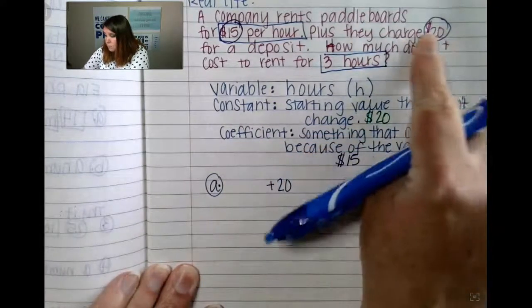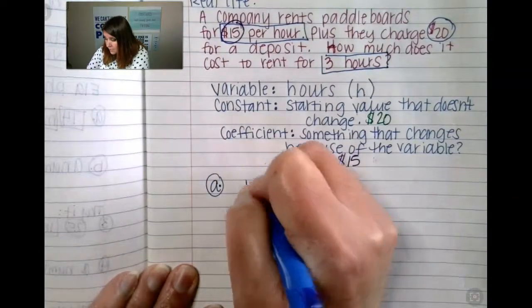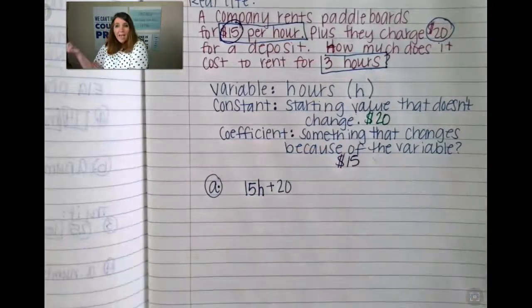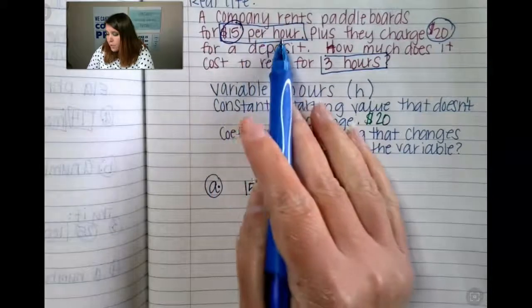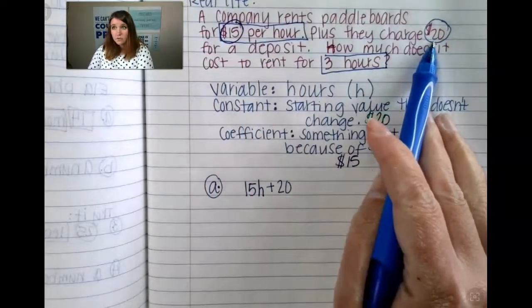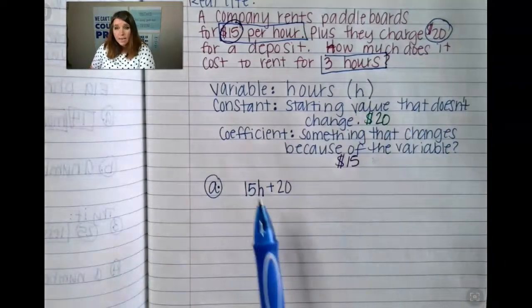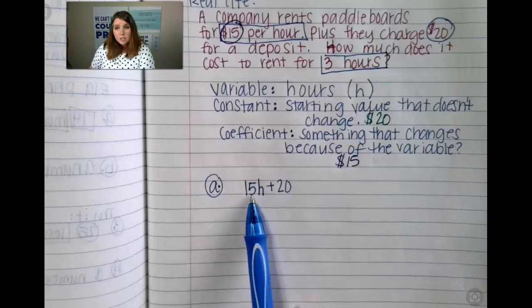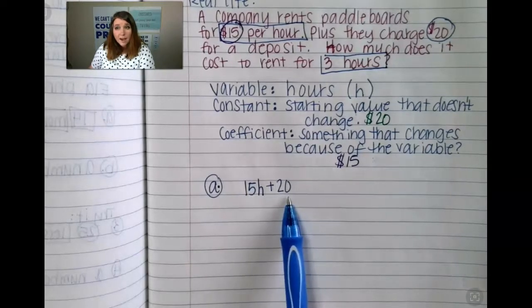We have $15 per hour plus $20 for the deposit. Okay, $15 per hour plus a $20 deposit. I have my algebraic expression.